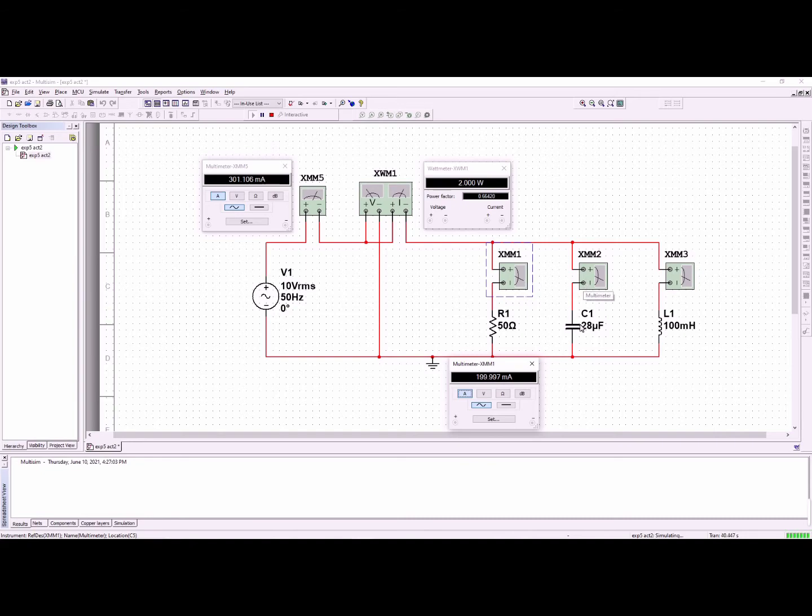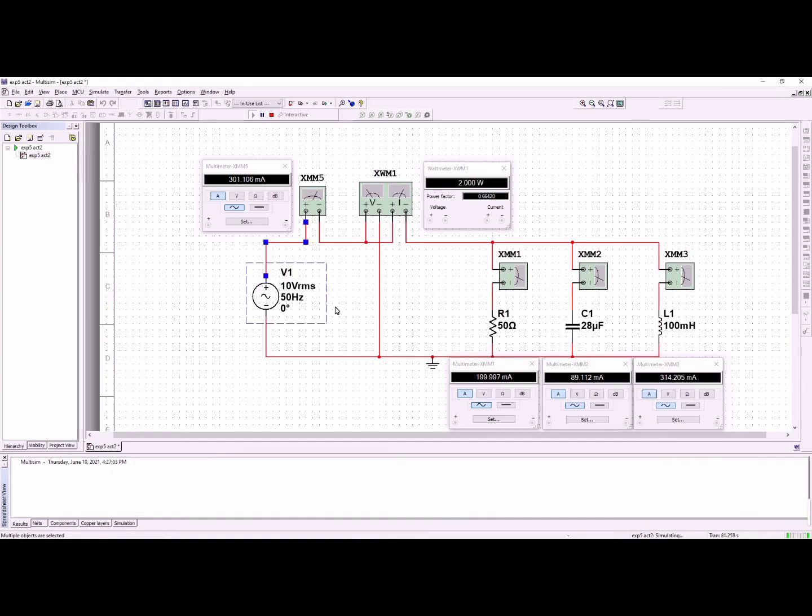The current through the capacitance is 89.112 milliampere, and last but not least the current through the inductance is 314.205 milliampere. As additional information, don't forget to set the multimeter to AC voltage, just like this. AC, AC. Okay, so that's all.